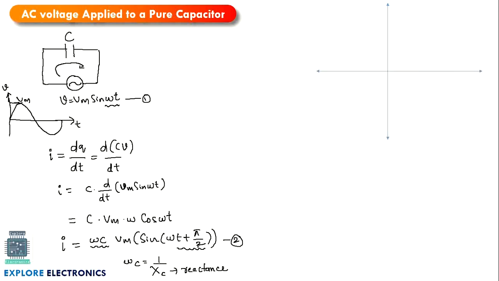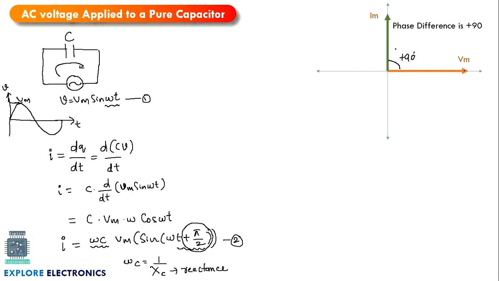Now let us plot that in a phasor diagram by taking V on the x-axis. Vm is the maximum voltage we are applying. So if we draw the current, it will be exactly 90 degrees ahead, because it has plus pi by 2. Plus pi by 2 means the difference between these two is plus 90 degrees, so the phase angle between these two is plus 90 degrees.